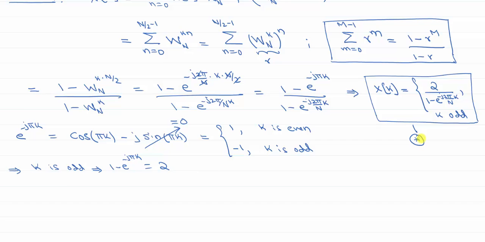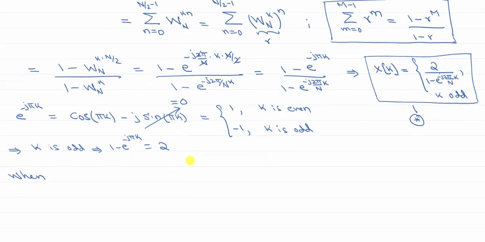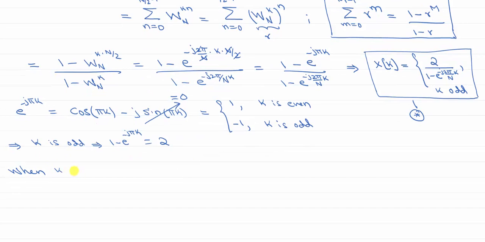Now what about k even? Well, when k is even, the numerator 1 minus e to the minus j pi k is equal to 0. Okay, so that is good, but we have to be careful. If the denominator is not 0, then when the numerator is 0, the answer will be 0.